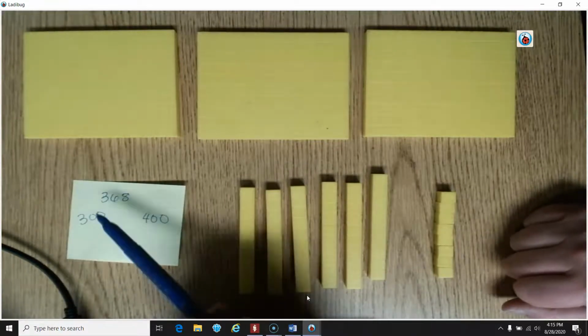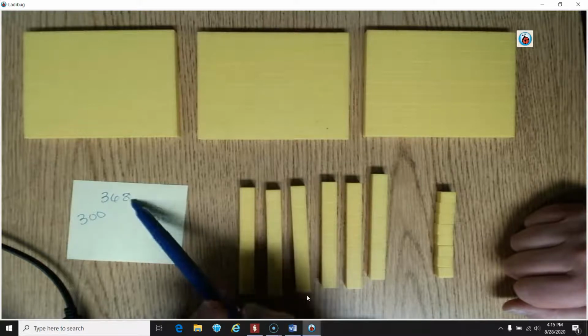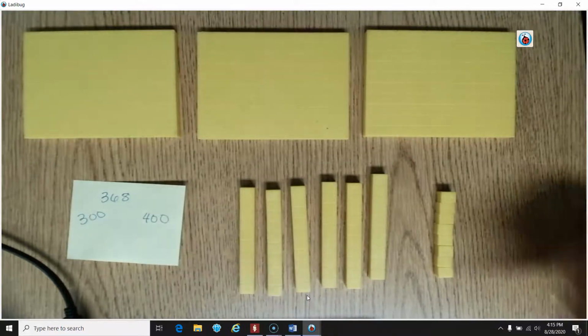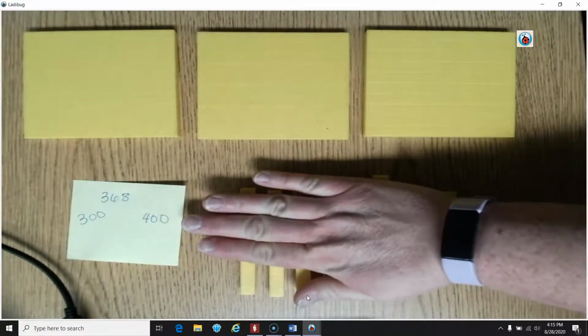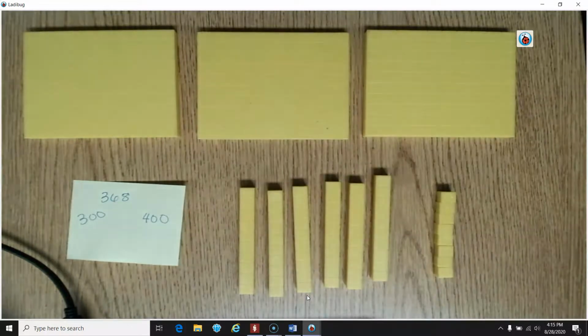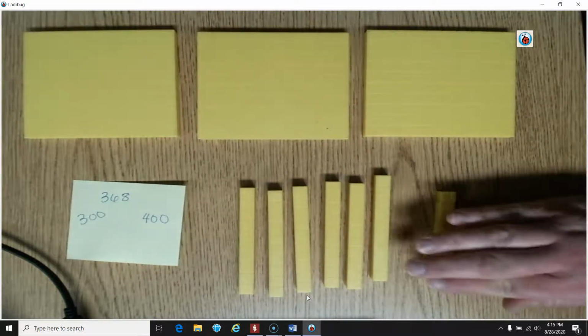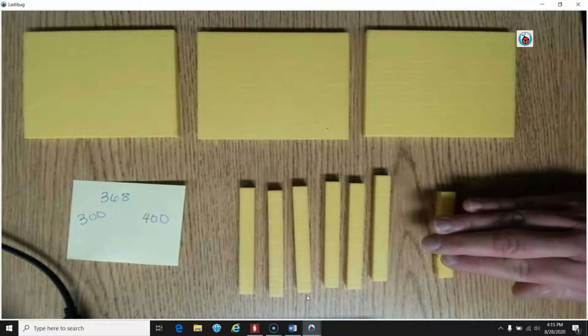So I have to decide, is this number closer to 400 or closer to 300? So now that I'm rounding to my hundreds, I'm going to use the next smallest place value, which is my tens. Okay, so these I'm not even really going to look at this time.